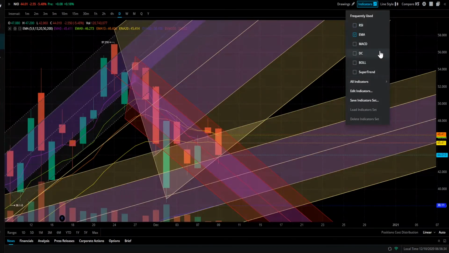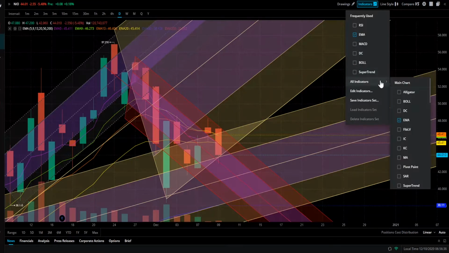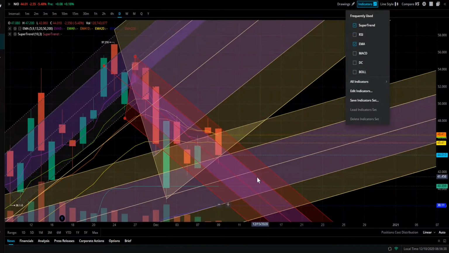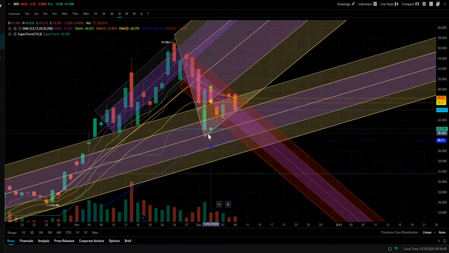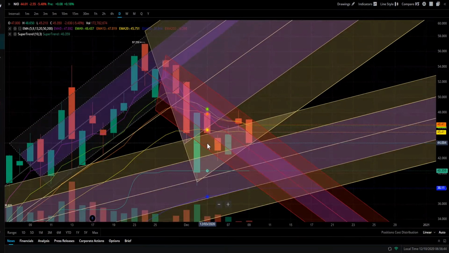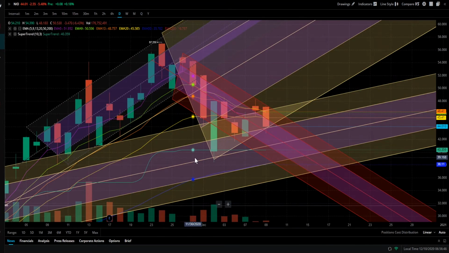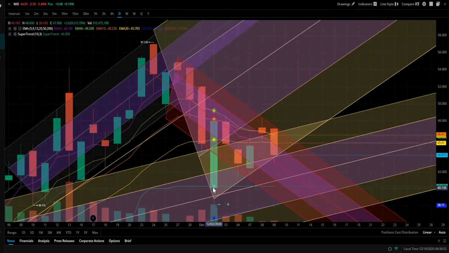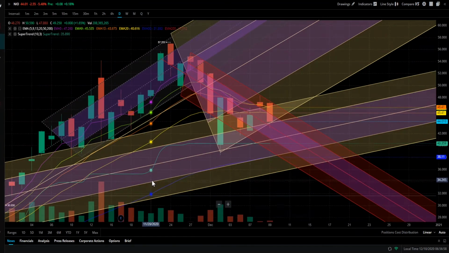That's the RSI. We could also look at the super trend. The super trend acts as a very strong support and resistance. You notice here that bounce, that bounce is almost off the super trend. So the super trend is green. It's telling us that we are in a bullish trend still, even though we are dropping here.